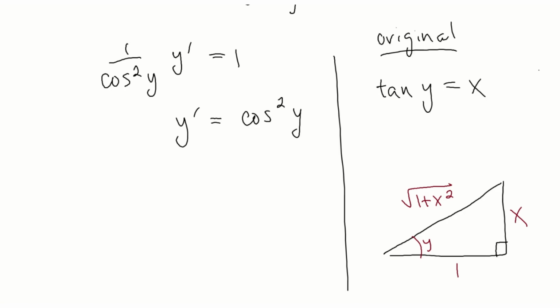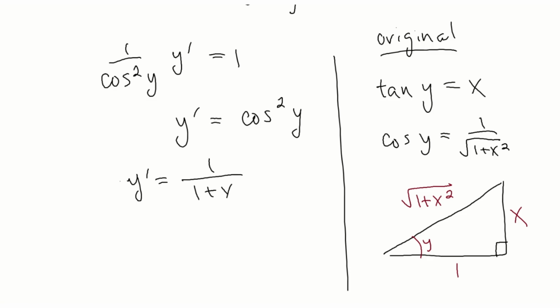Well, cosine is adjacent over hypotenuse. So cosine y is 1 over the square root of 1 plus x squared. Which means cosine squared y is 1 over 1 plus x squared. Therefore, d/dx of tan inverse x is equal to 1 over 1 plus x squared.